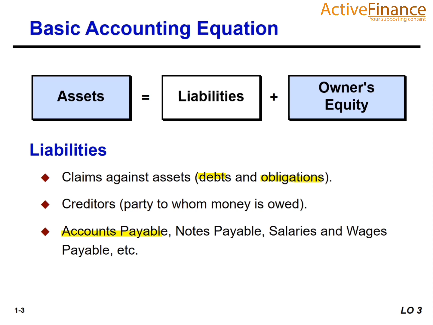The company has to pay accounts payable and notes payable within a year. And salaries the company pays to its employees, wages payable, etc. They are the liabilities of the company. Now we have covered two components, first assets and then liabilities.